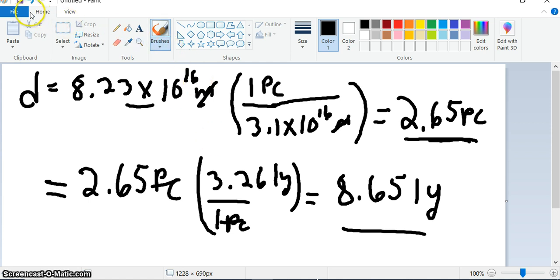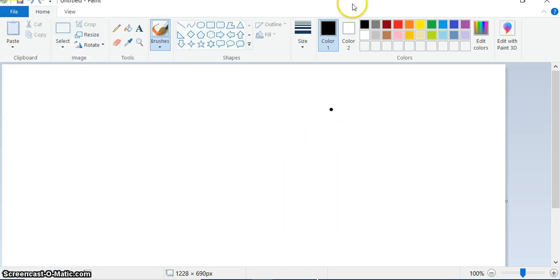Then you could compare that to actual parallax. If you know the parallax to a star, in arc seconds, you could figure out the distance in parsecs. You could look up the parallax of the star Sirius, which is in arc seconds, and then solve that.